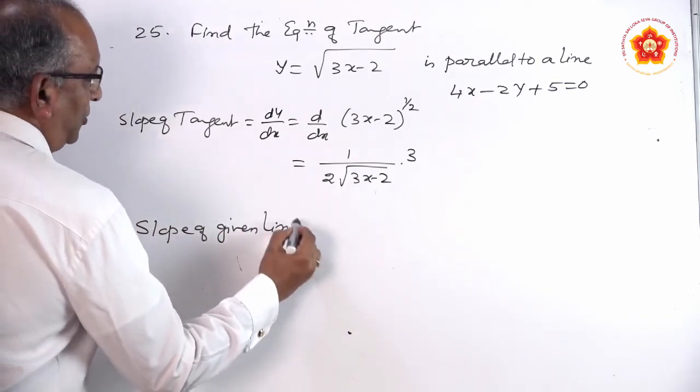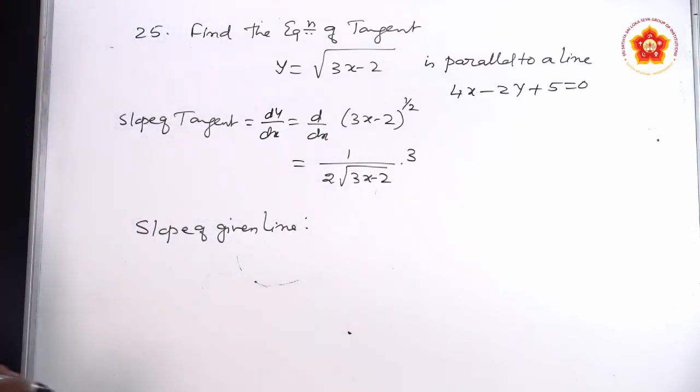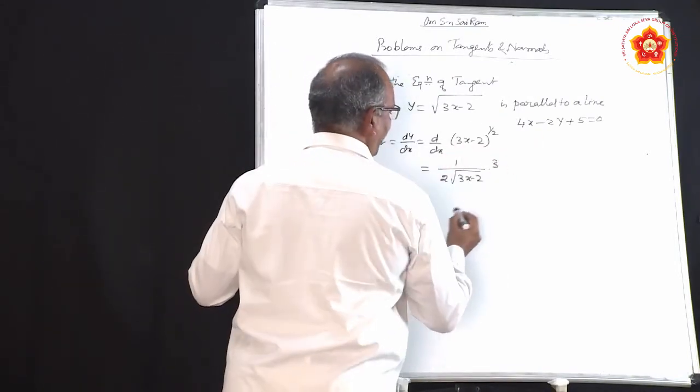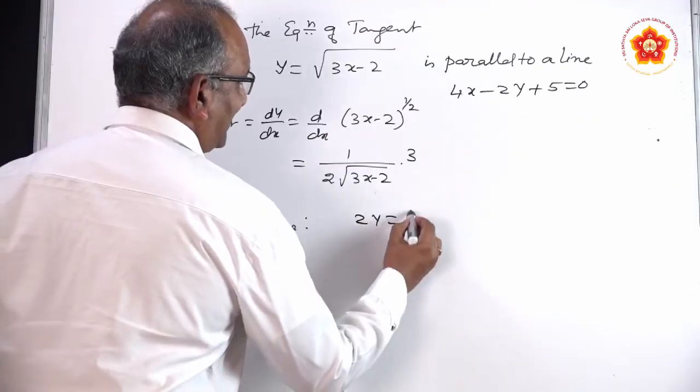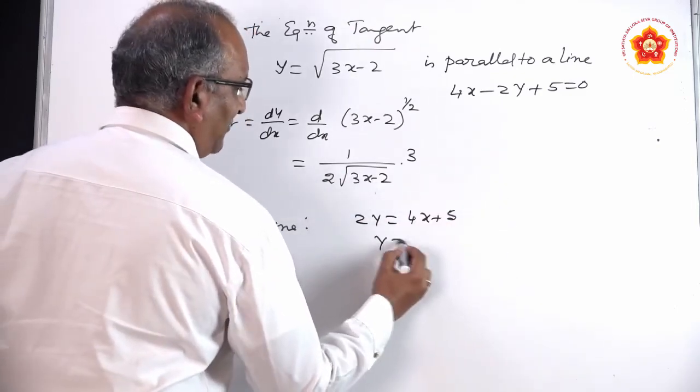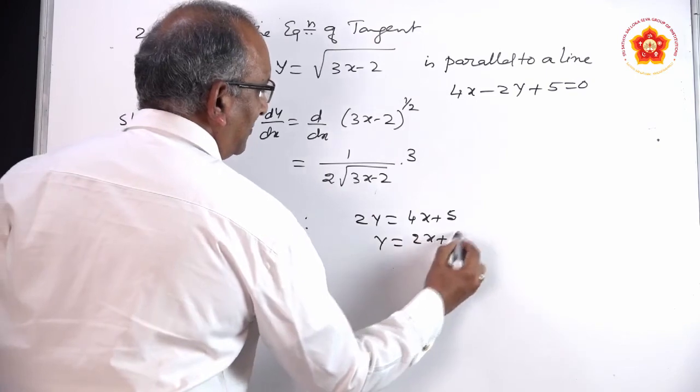We get to know the slope of the given line by writing it in terms of y equal to mx plus c. Rewrite the equation in terms of y equal to mx plus c. m is going to be the slope. So, the given equation can be written as 2y is equal to 4x plus 5. Take 2 to other side, you get y equal to 2x plus 5 by 2.